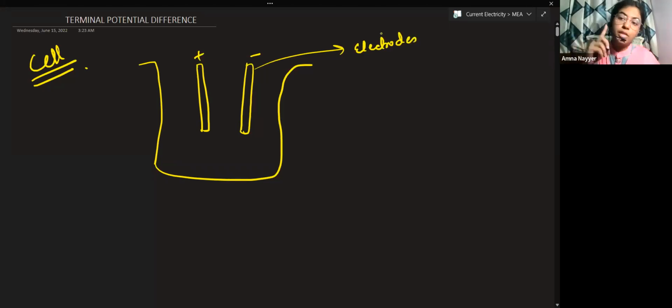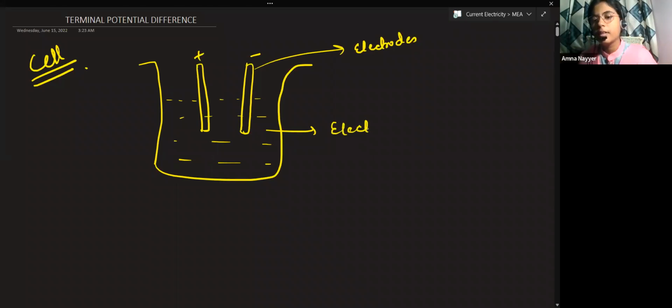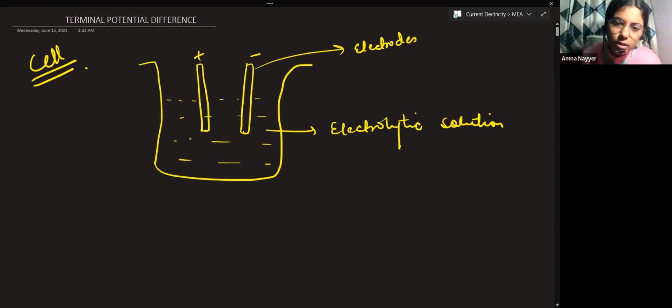These electrodes are dipped into an electrolytic solution. So internal resistance is basically the resistance offered by the electrodes and the electrolytic solution in a cell.